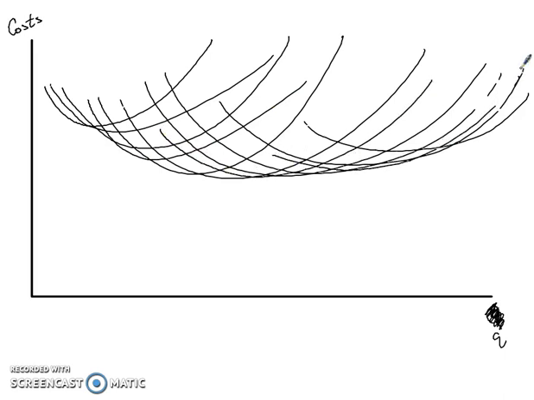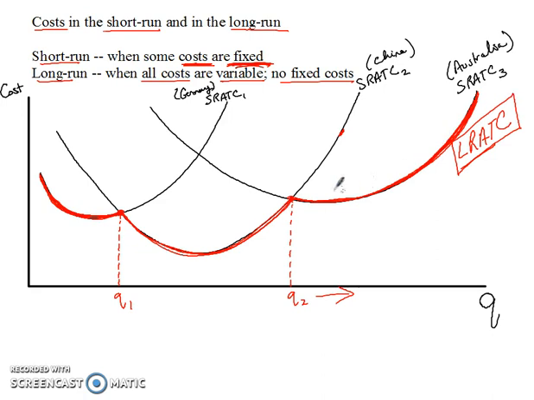The point is that these are all the short run average total cost curves, but the long run average total cost curve is still going to be the bottom of all of those. But the more short run average total cost curves you have, the flatter the long run average total cost curve becomes. So in this example, if we only had 3, it was kind of bumping around.